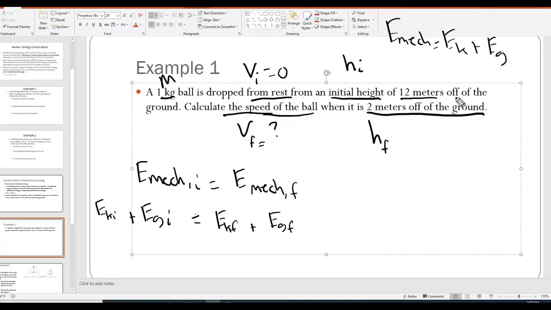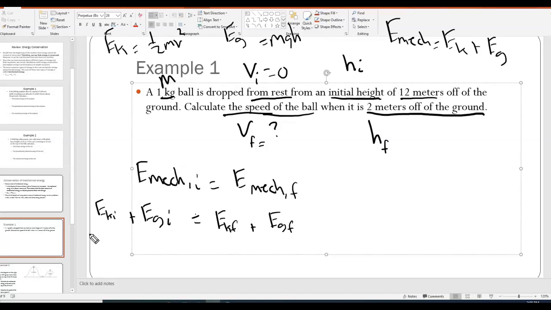Now I'm going to expand one more time, and I know this seems like a lot, but that's how you solve these problems. I'm going to expand one more time because I actually have an equation for EK. It's 1/2 mv squared. Plus, I have an equation for EG. That's mgh. So I'm actually going to expand this equation one more time. Watch this.